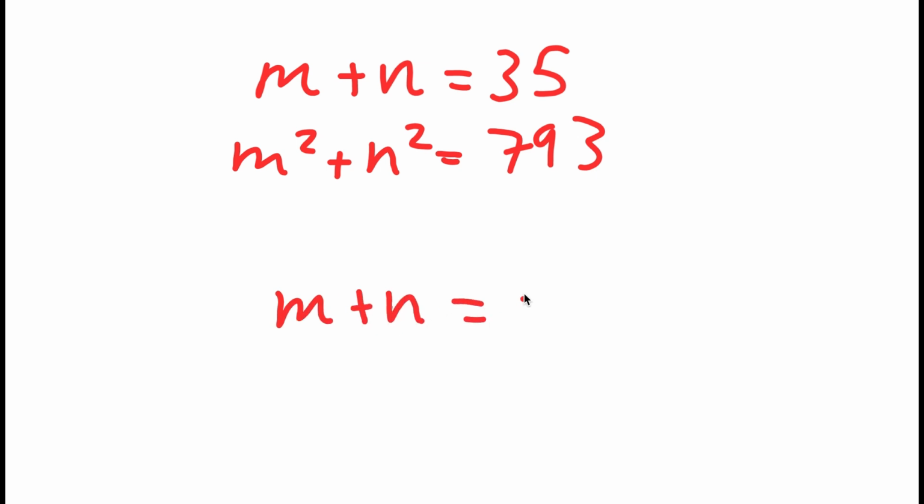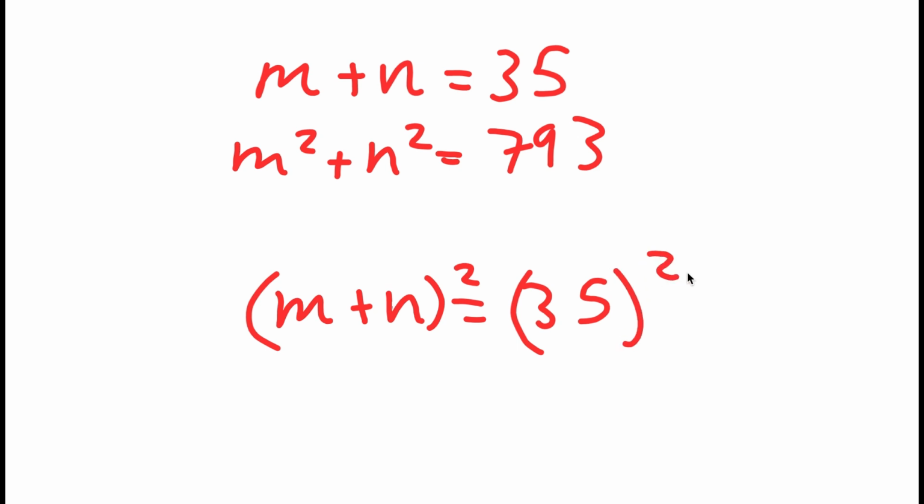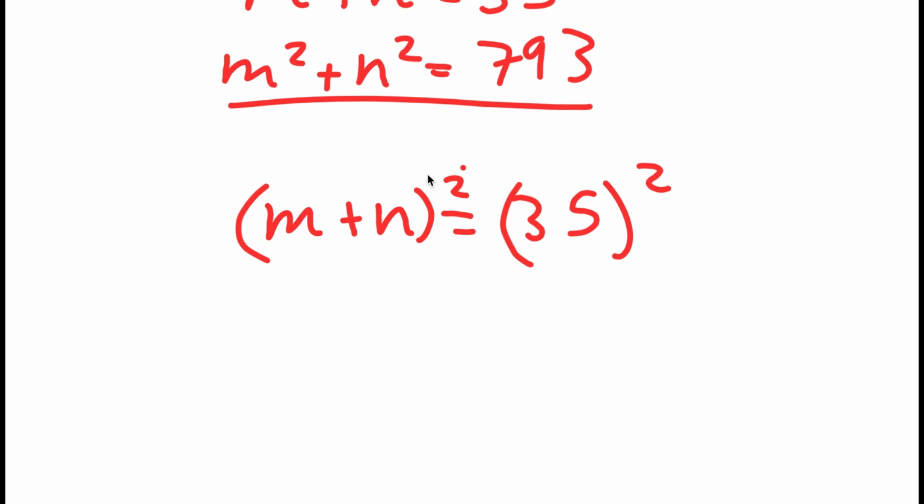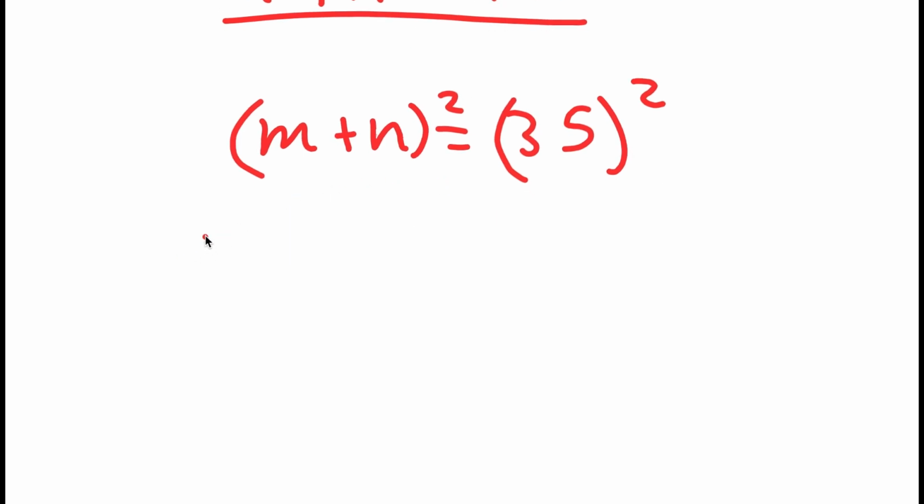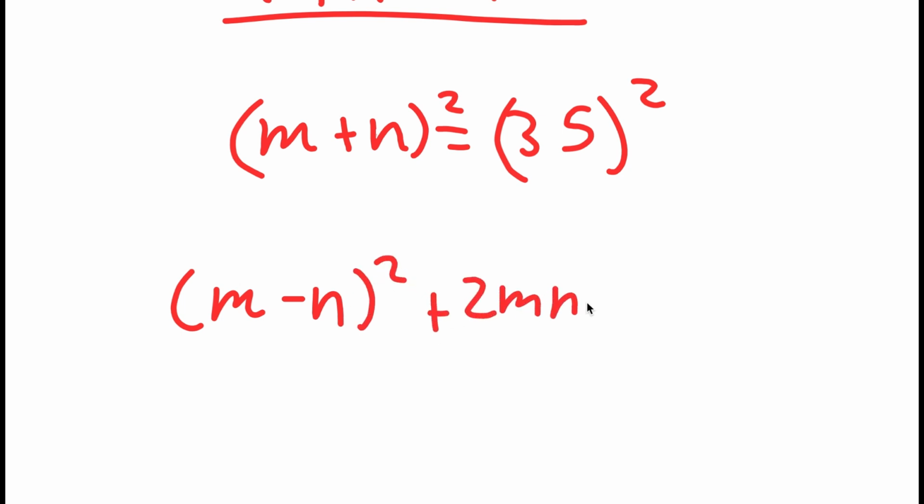For m plus n equals 35, I'm going to square both sides. And from m squared plus n squared is equal to 793, I can rewrite that as m minus n squared plus 2mn is equal to 793.